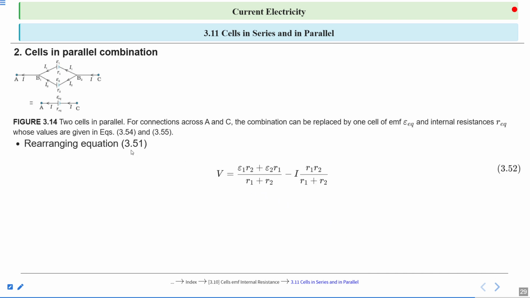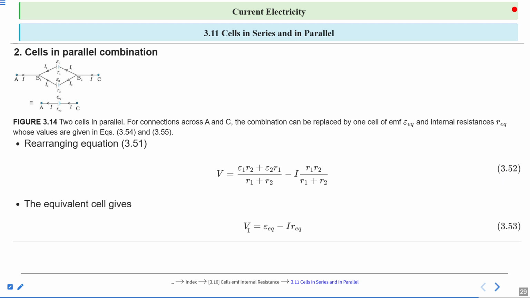So rearranging equation 3.51 for V, you will get V equal to (epsilon 1 R2 plus epsilon 2 R1) upon (R1 plus R2) minus I R1 R2 upon (R1 plus R2). Mark it as equation 3.52.